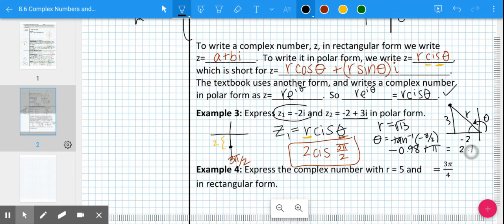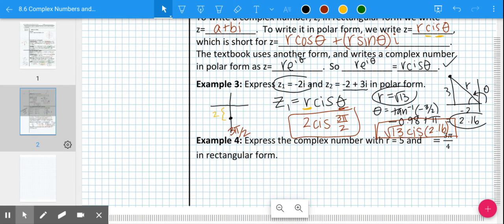And the theta that you get is 2.16. Once you have r and theta, you just write it as root 13 cis 2.16. That's all there is to it. Same type of work we did with regular polar coordinates, but our formatting is different because this is a complex number that we are dealing with now.